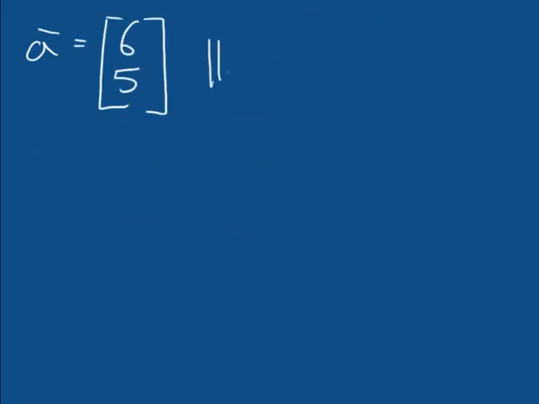And I appear to have erased everything, so allow me to write this again. So A was 6 in x, 5 in y, and the length of A was equal to the square root of 61. Fantastic.